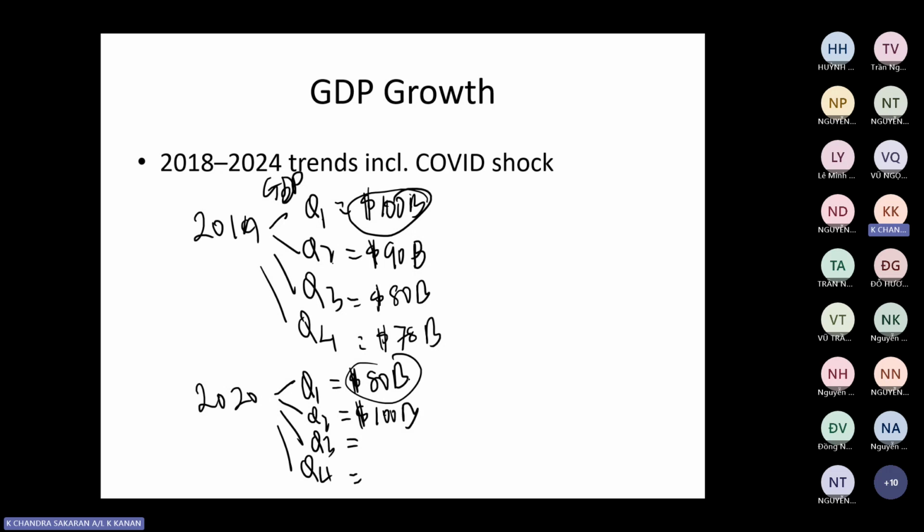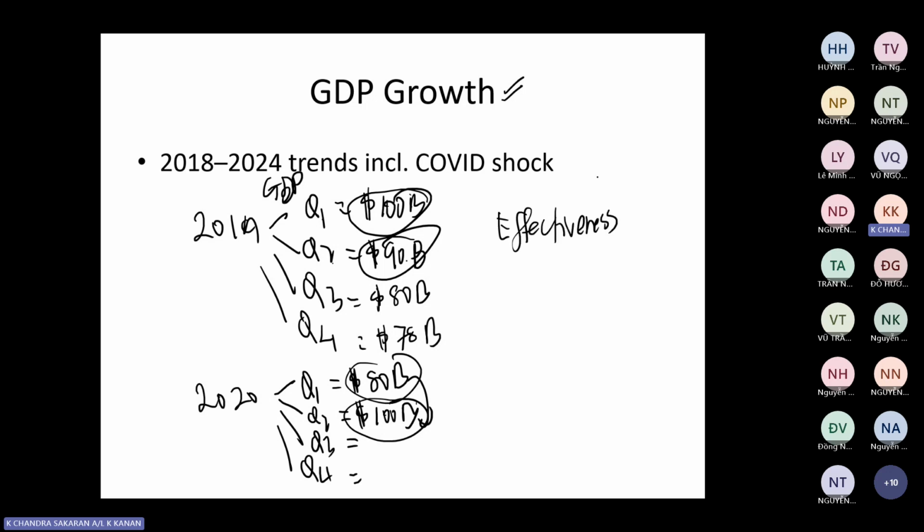When you compare, it's not growing, but when you compare the second quarter of 2019 and the second quarter of 2020, it's improving. So overall the second quarter is going up already. This is how you can use the data for evaluating the policy effectiveness.